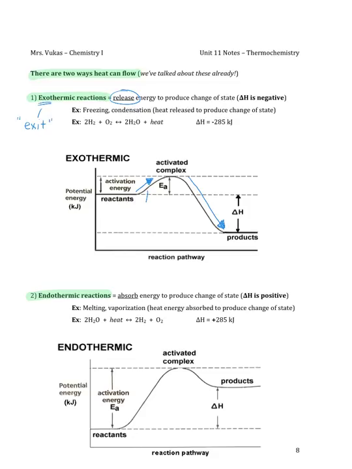So right here, you gain a small amount just to get the reaction started. Over here, you release a large amount. And so overall, when we're saying that delta H is negative, that's what we're talking about: a little bit went in and a lot came out.